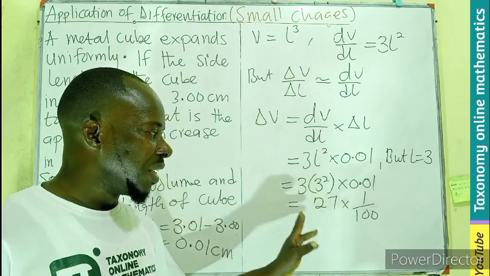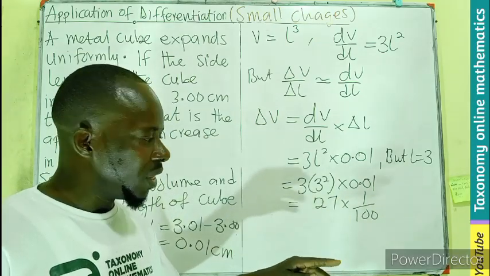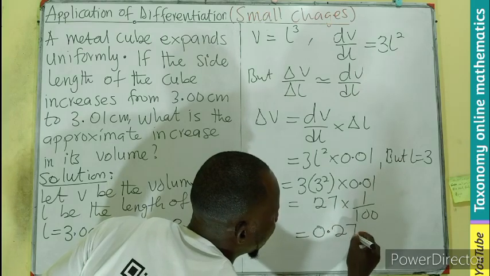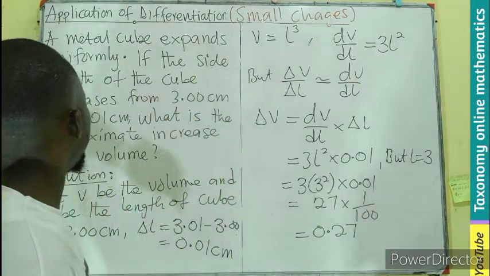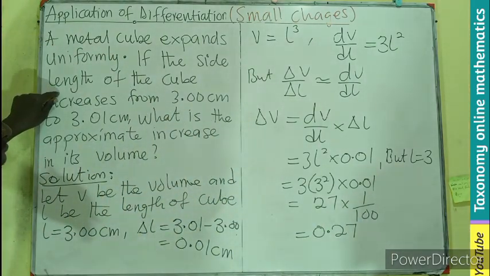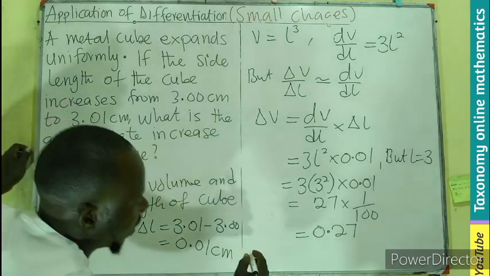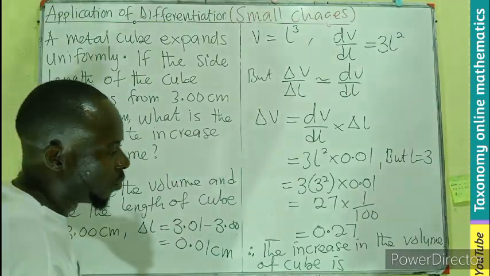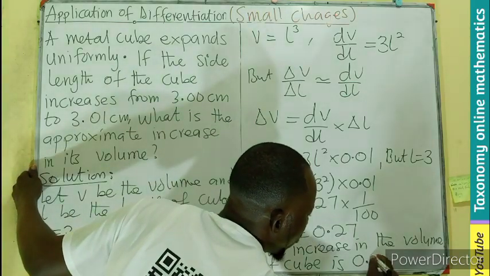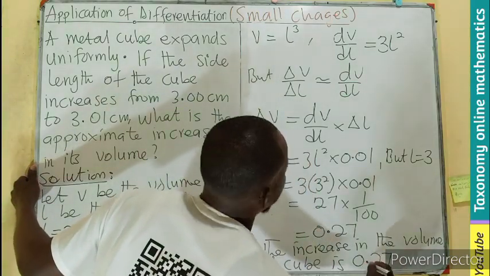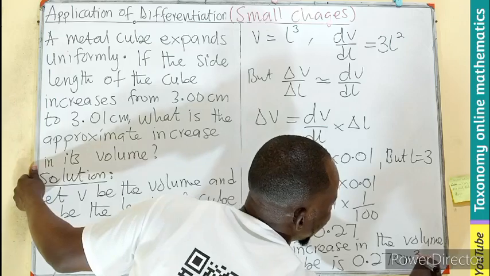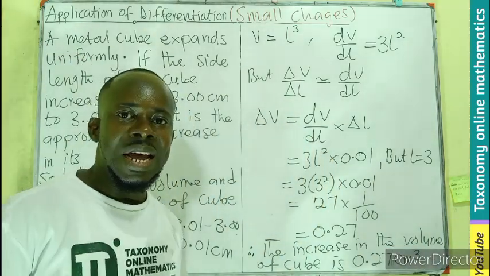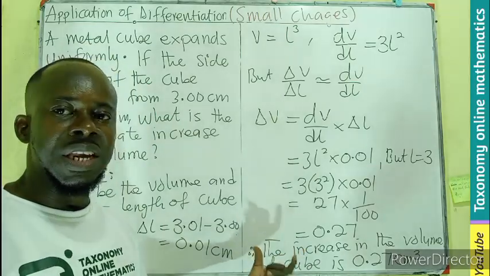So 27 divided by 100 will be 0.27. We are looking for the change, therefore the increase in the volume of the cube is 0.27 centimeters cubed. That will be the final increase in the volume.